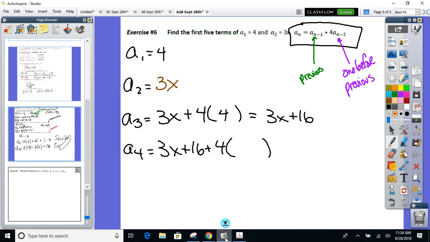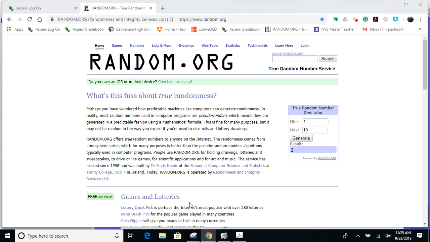Here you go, 2. 3x. Nice job. Go ahead, multiply, combine your like terms. I'll get back to somebody in a second. Combine your like terms. When you're ready, let me know.